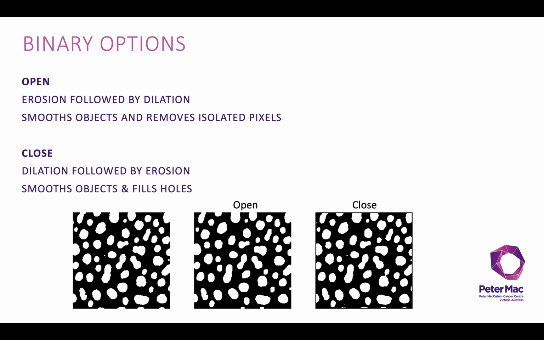There are also options called open and close. Open, as shown here, is an erosion followed by dilation, and that has the effect of smoothing objects and removing isolated pixels, as you can see in this example here. A close is a dilation followed by an erosion, and that has the effect of smoothing objects and filling holes, as we can see in that example here.